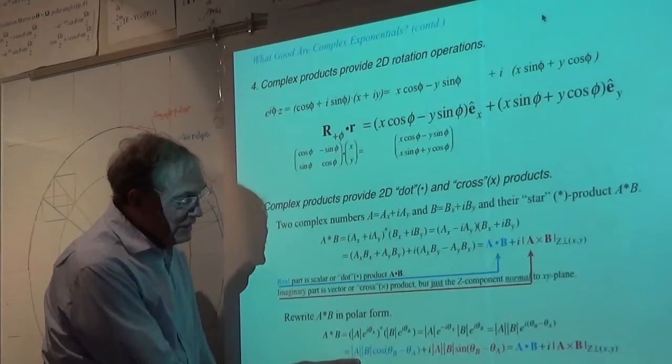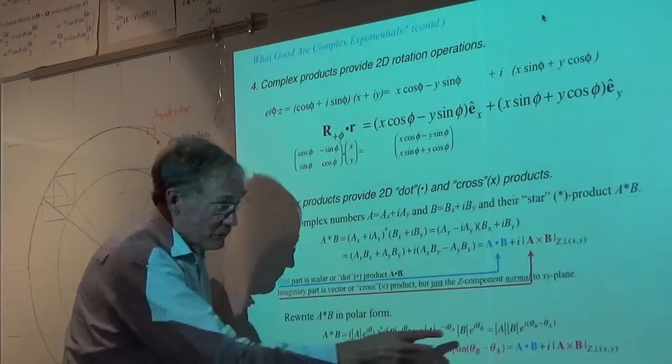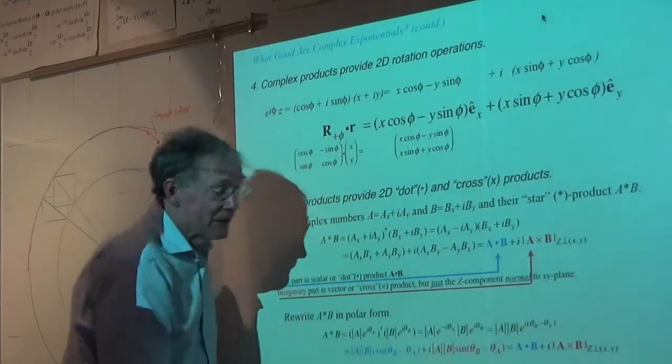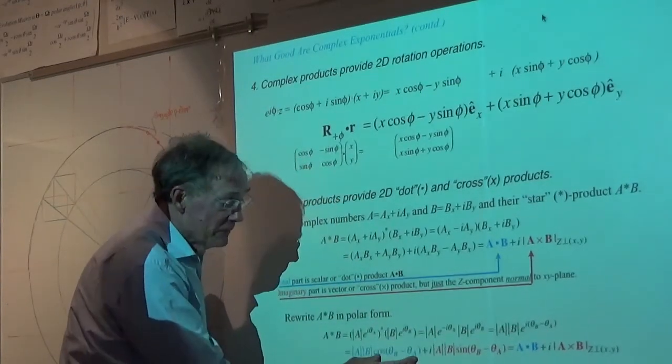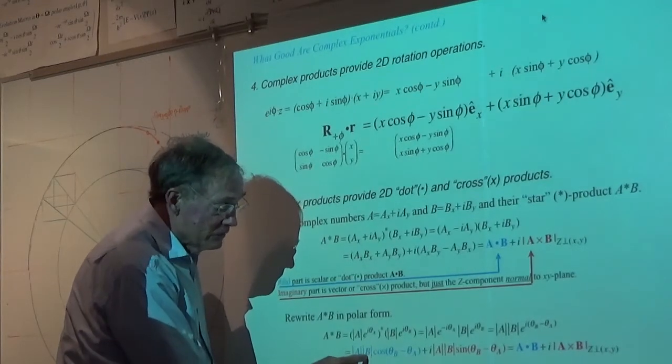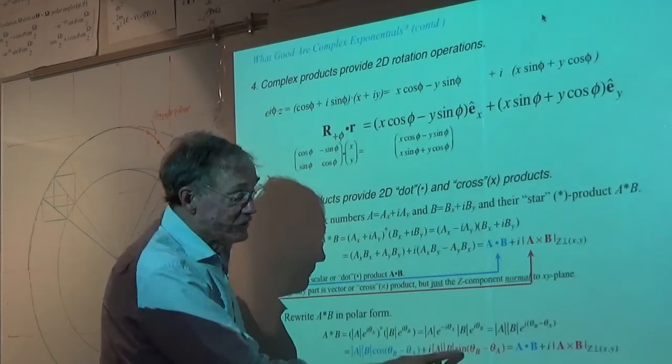So the real part of that is the cosine of theta B minus theta A times that product of absolute values, and the imaginary part is the sine.